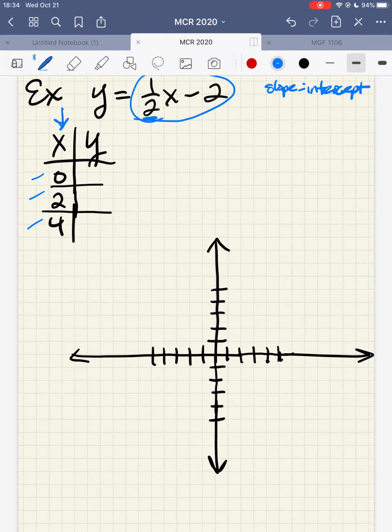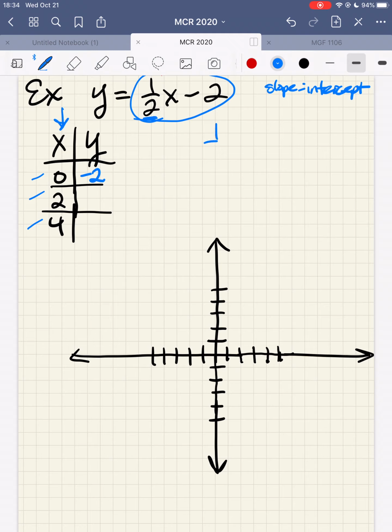So if x is 0, I have 1/2 times 0 minus 2. All right. And anything times 0 is 0. So 0 minus 2 gives me a minus 2 or a negative 2. And I've got my first point. Easy peasy.